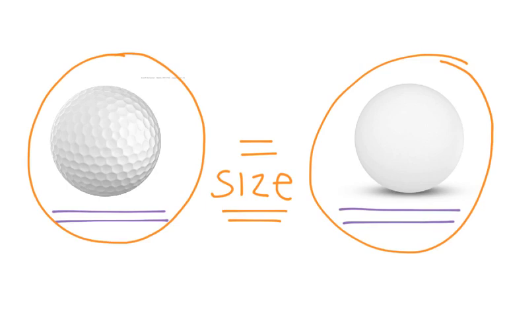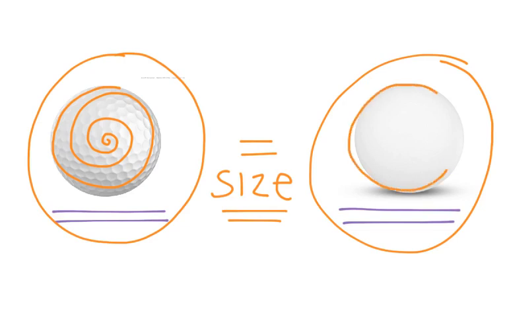Now, a golf ball is solid. So that means it is full from the outside all the way in. It is full of matter. It is a solid ball. It is full up inside. Whereas a ping pong ball is hollow.